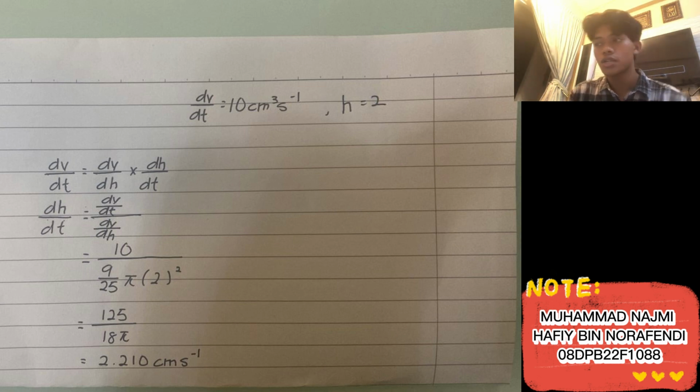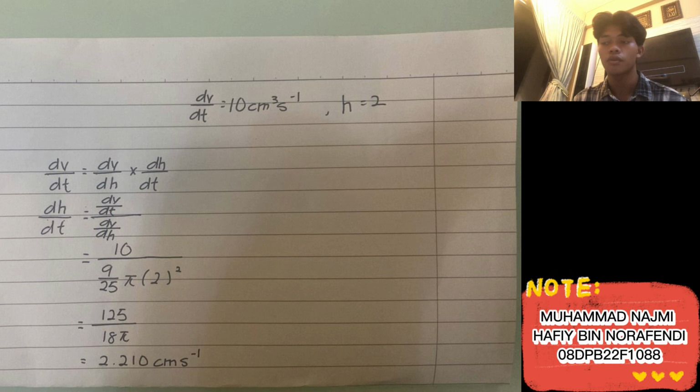You can see the questions already give the dV/dt and h values: dV/dt is 10 and h is 2.